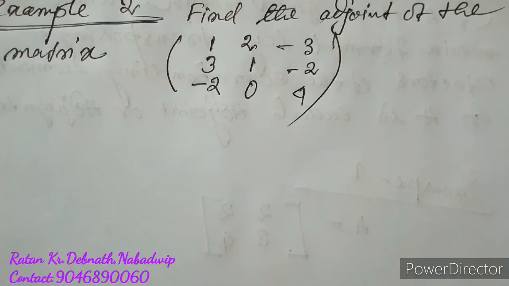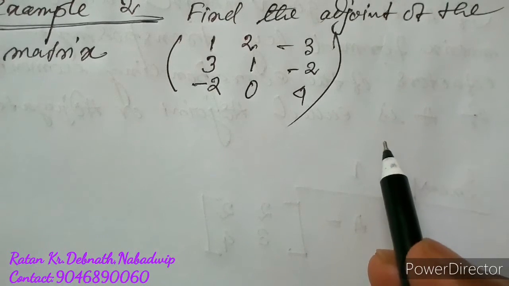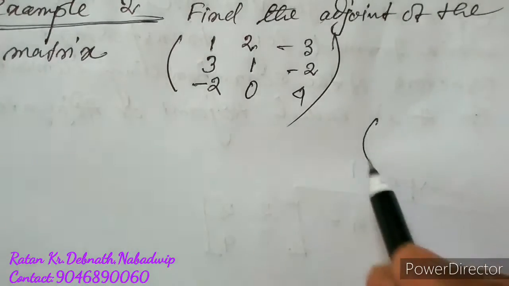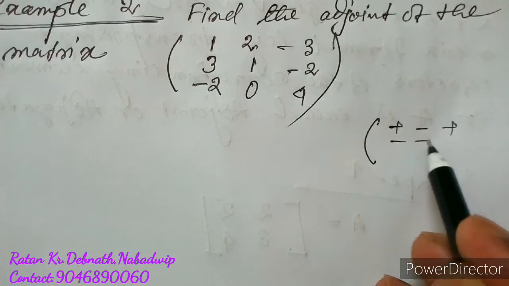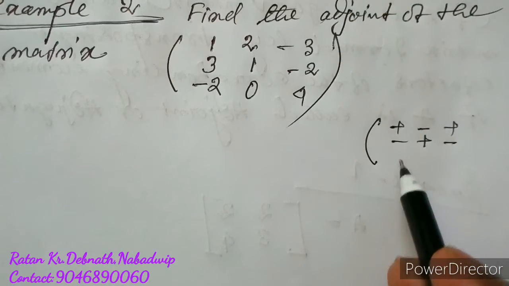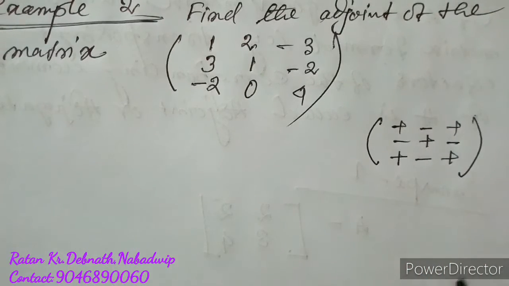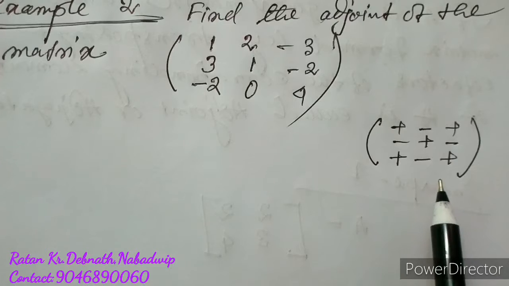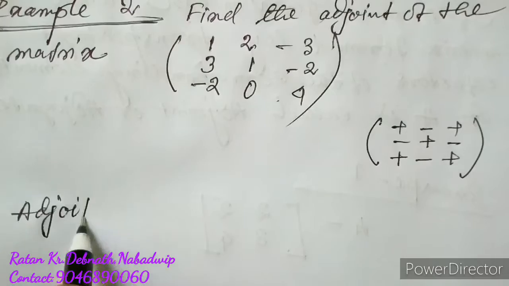In order to find the adjoint of a 3 cross 3, you have to remember the positional symbol: plus minus plus, minus plus minus, plus minus plus. These are the positional symbol of the cofactors of the corresponding elements.